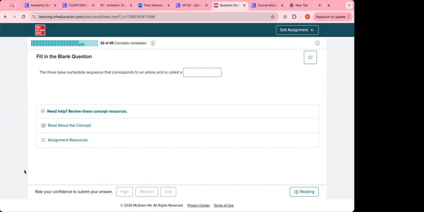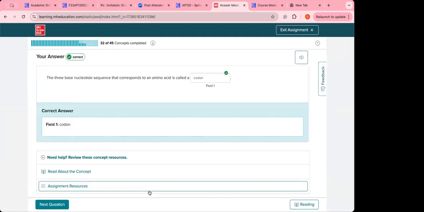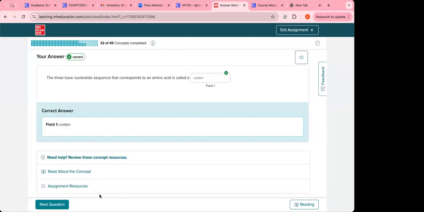It's called a codon. C-O-D-O-N. It's a codon. Okay.